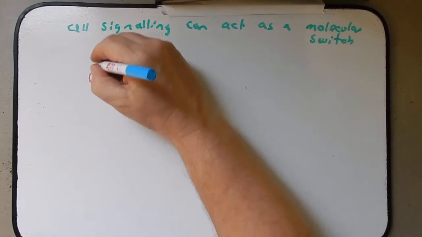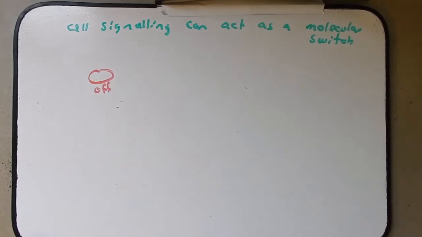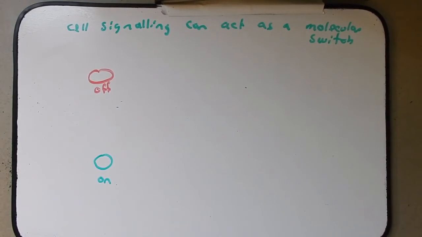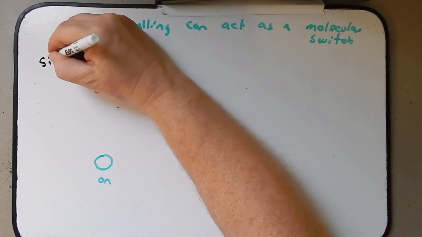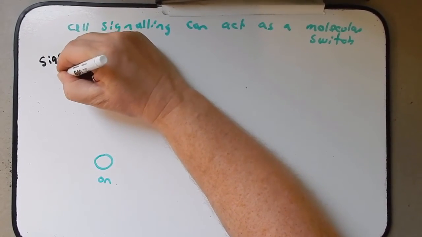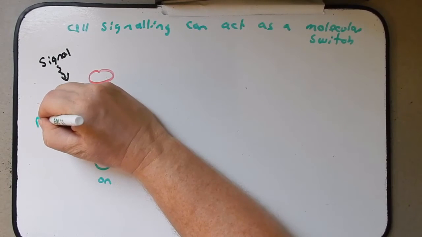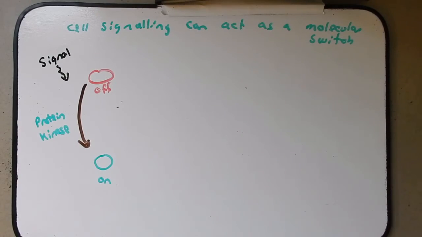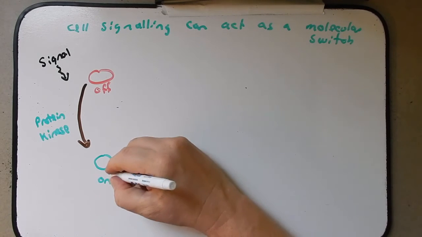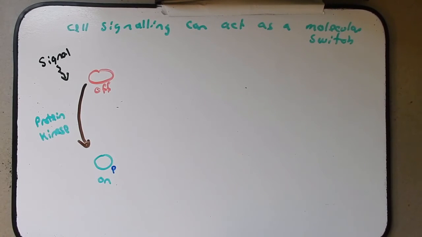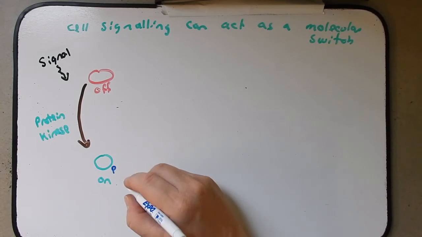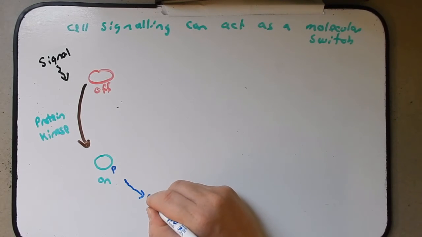Up here will be the off state, and down here will be the on state. A signal from outside the cell, don't know what it is, doesn't matter right now, activates a protein kinase. Activating this protein kinase will add a phosphate group to this protein. This now activates this protein and this switches on. And now we get some kind of response.